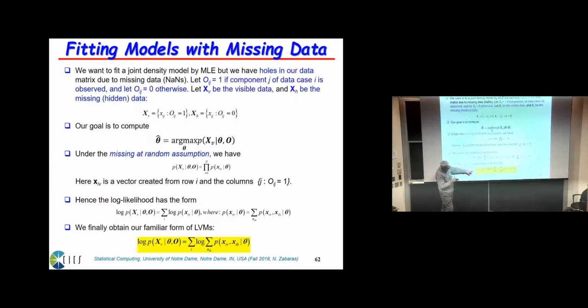Now, if you try to take the log of this, which you need in order to maximize it, you have a summation over the data points of the log of a summation over the hidden variables. Intractable problem, cannot do it.